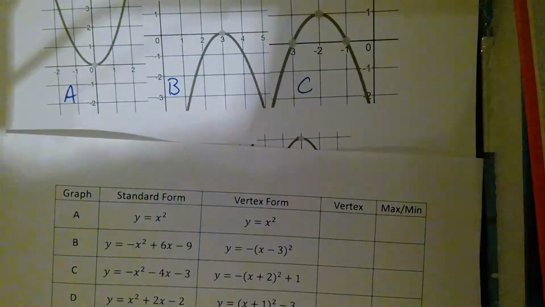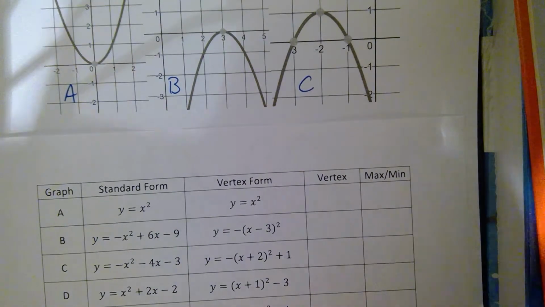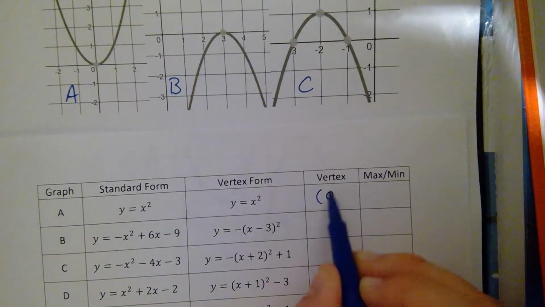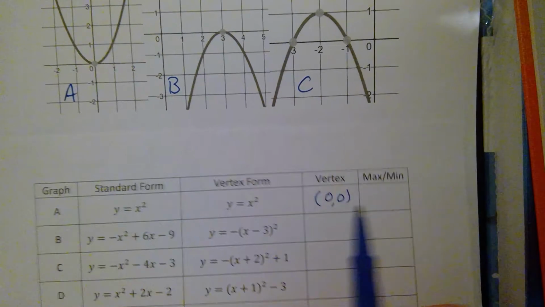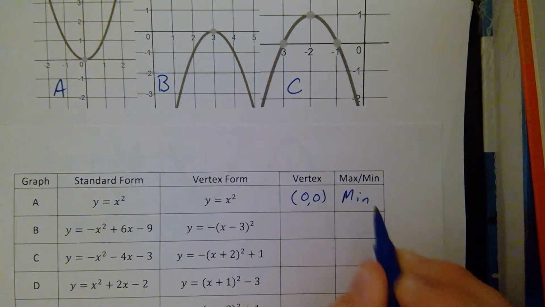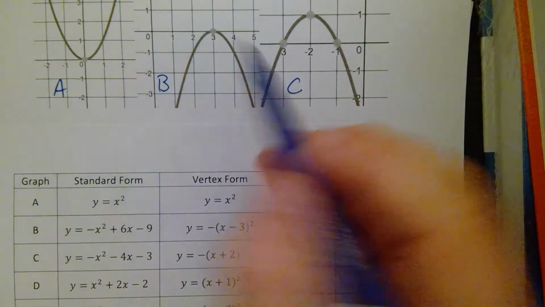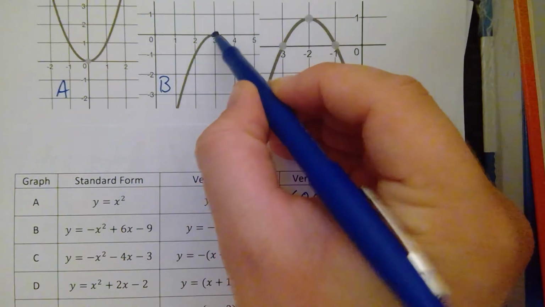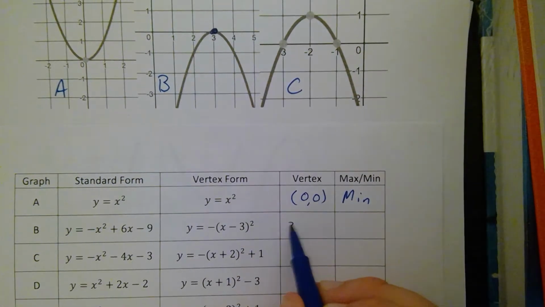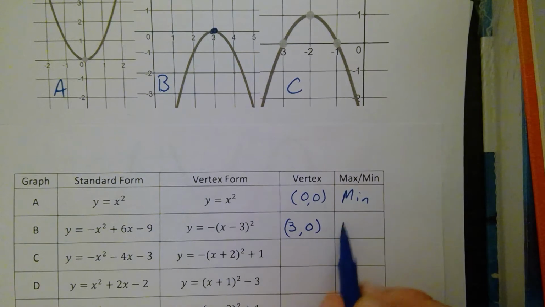There we go. So, for A, we have the vertex at 0, 0, and that is going to be a minimum. All right. Now on B, our vertex is at this point right here, which is 3, 0. All right, and that is a maximum.